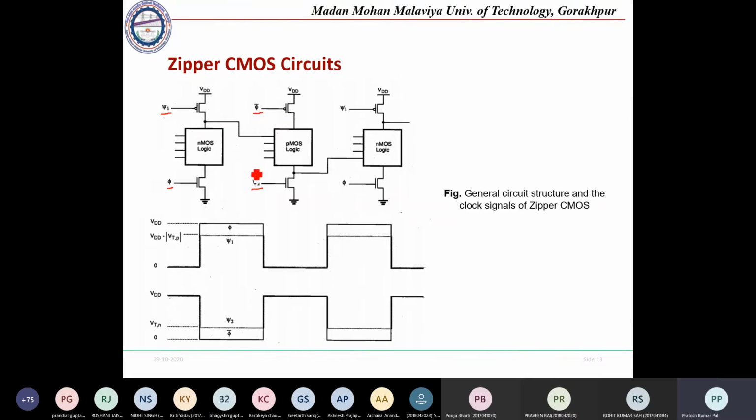Again the same clock will be repeated: phi 1, then phi, and the next stage will be phi bar. So this is how the clocking will take place. We will see what the difference is between the clocking of these two structures, and how the advantages of this clocking take place in the Jeeper structure.